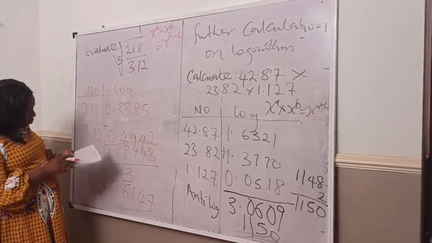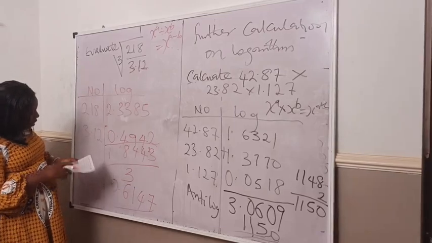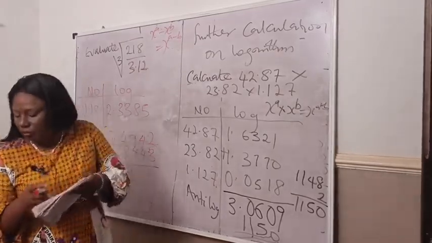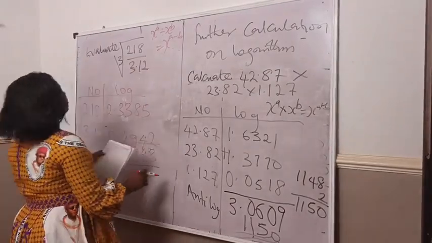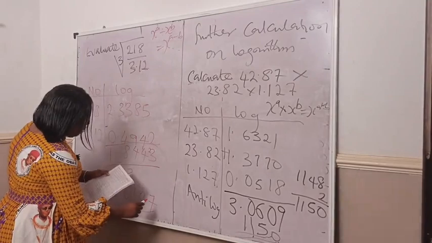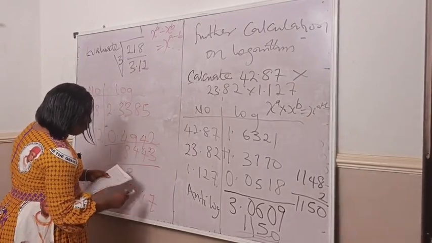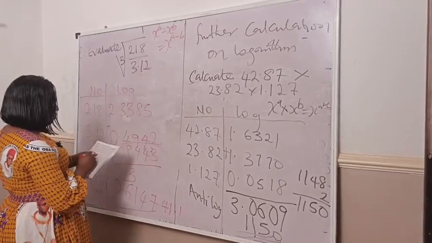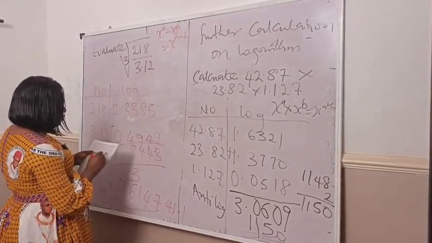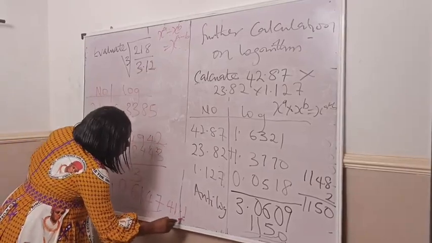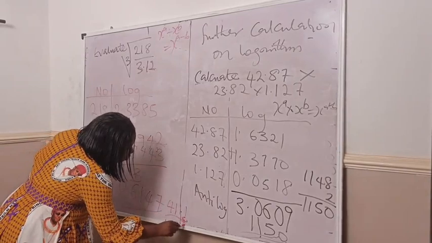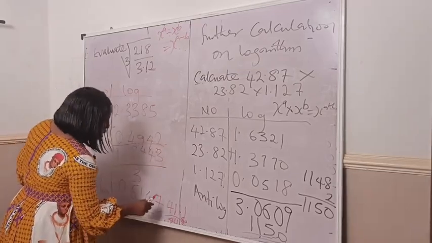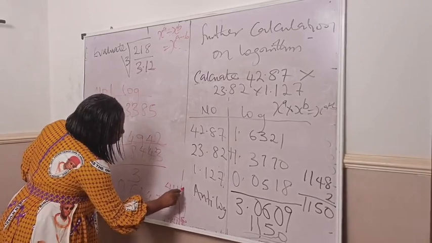We have 4111. Difference 7. We always add the difference. 4111 plus 7, so the answer is 4117.